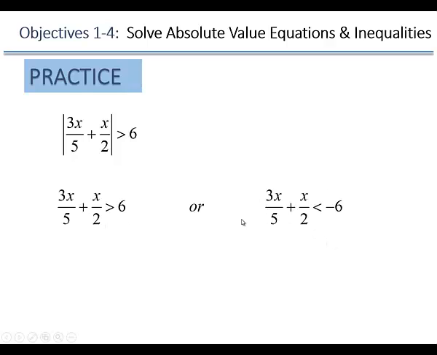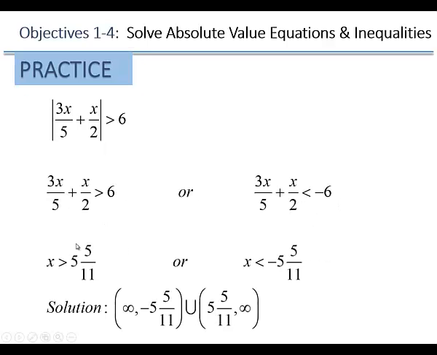Now in both cases you would multiply by 10 to clear fractions and solve for x. And the left scenario yields the result that x is greater than 5 5/11, or you could say 60 over 11 there. Or another possibility is that x could be further off to the left, that is anything smaller than negative 5 5/11ths. So as we write our solution, that's going to be the combined interval.